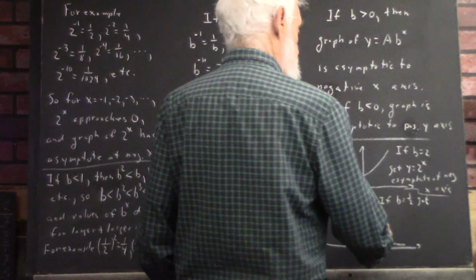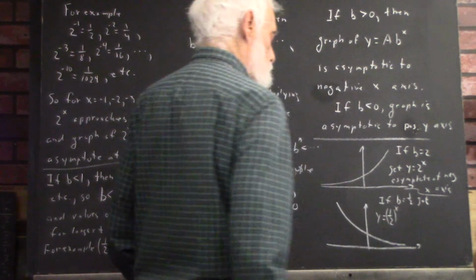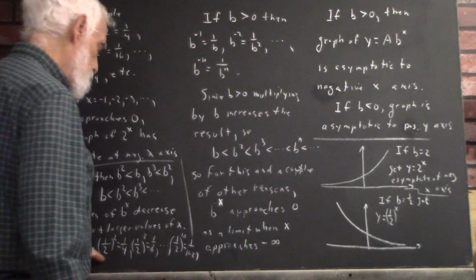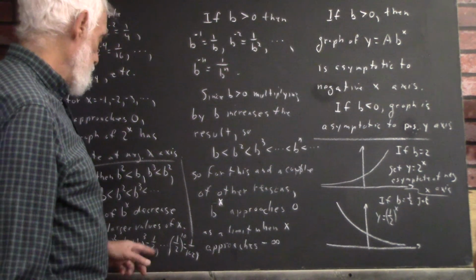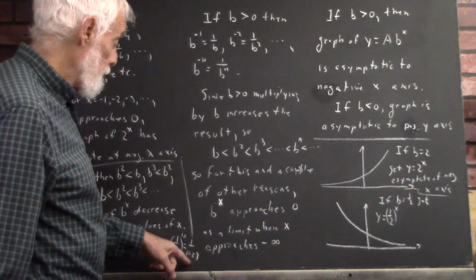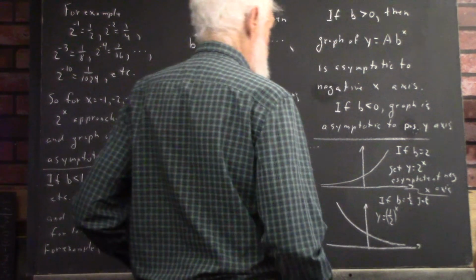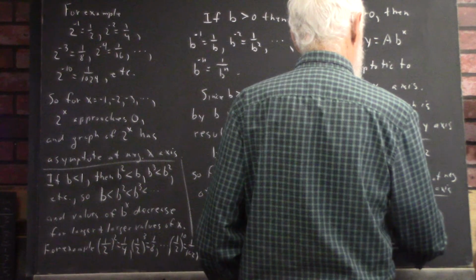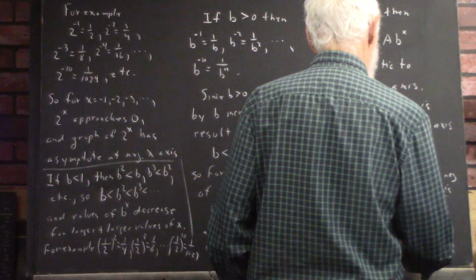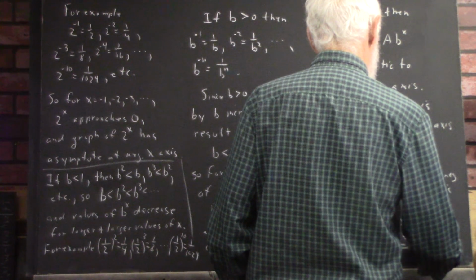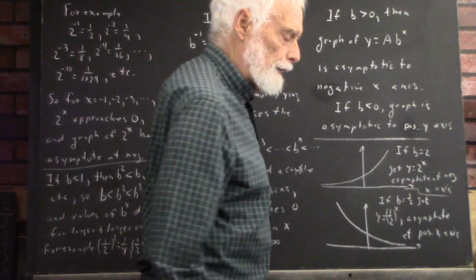If b equals 1/2, we get one half to the x, and in this example we see that those values approach 0. By the time you get out to x equals 10, you have 1/2 to the 10th, which is less than 1/1000th. It's really close to the y-axis. And the asymptote is at the positive x-axis.